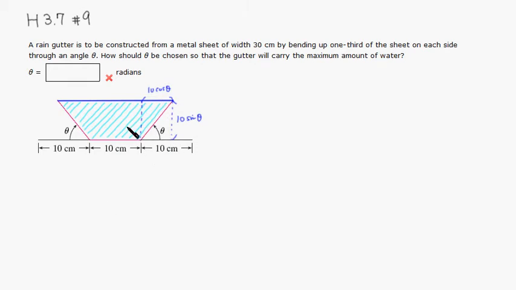We can find the area of this trapezoid in terms of theta. A of theta is equal to 1/2 times the bottom base 10 plus the top base, which is 10 plus 10 cosine of theta plus another 10 cosine of theta, so 10 plus 20 cosine of theta, times the height 10 sine of theta.